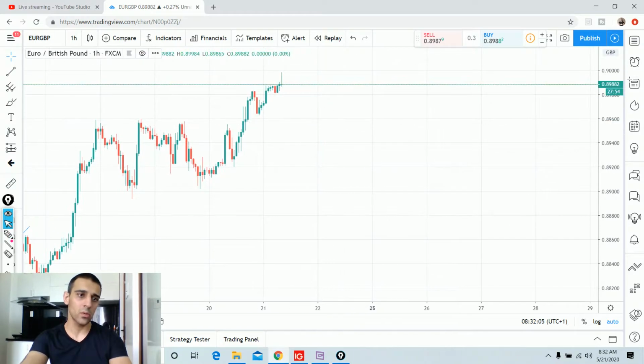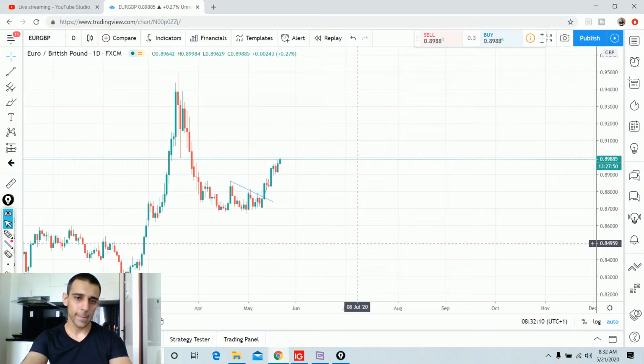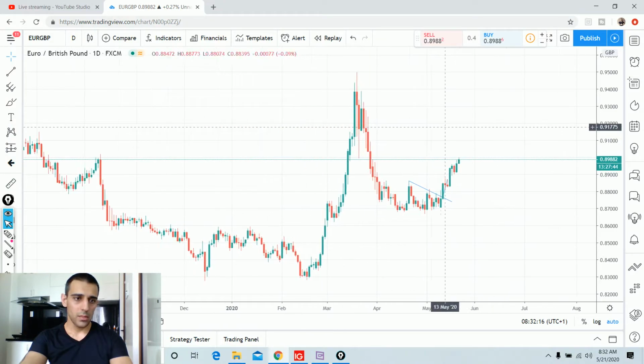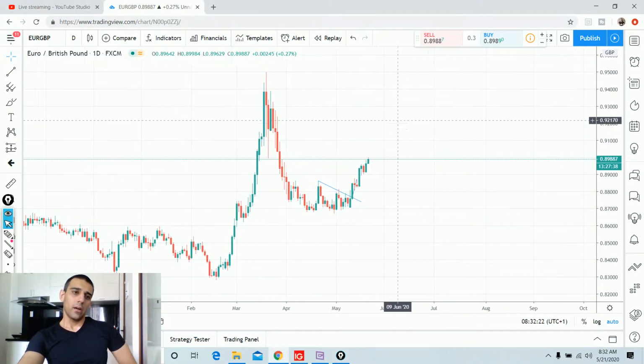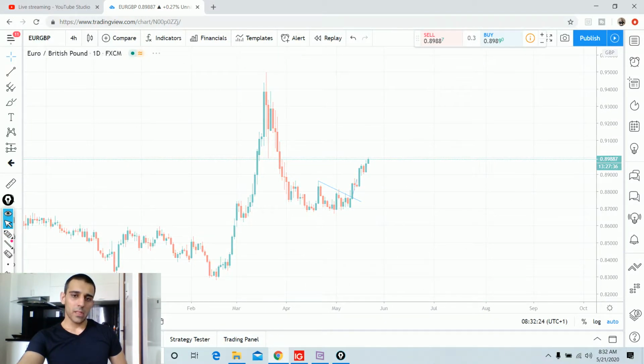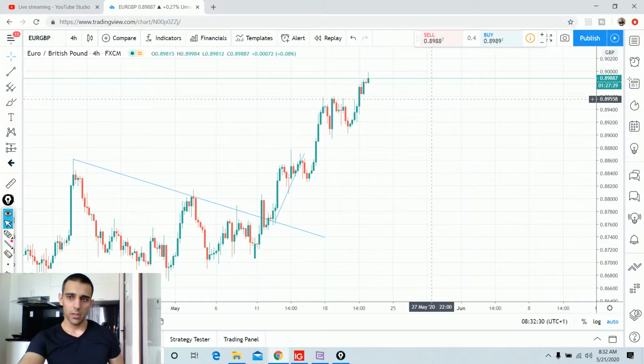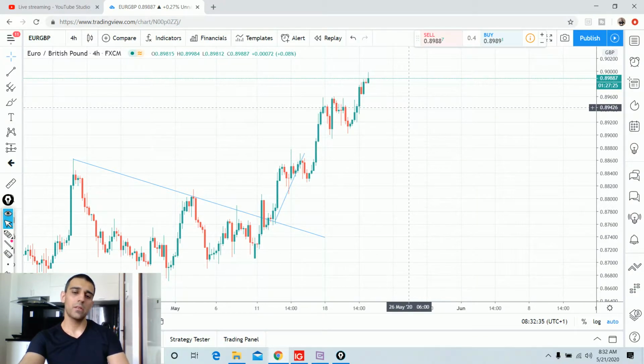As far as the long side goes, I do want to see either a break of this spike high, or, depending on how it comes down to this support level, down to 89.55, then I need to reassess.